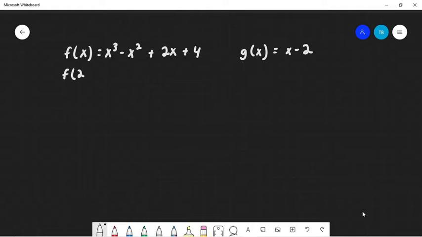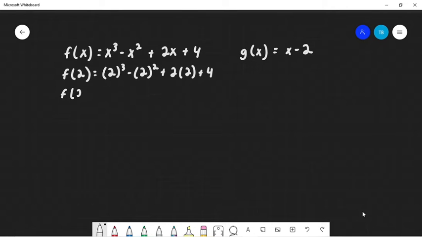So f of 2 equals, and then we just put 2 in wherever we see x, 2 cubed minus 2 squared plus 2 times 2 plus 4. And then we'll evaluate that.